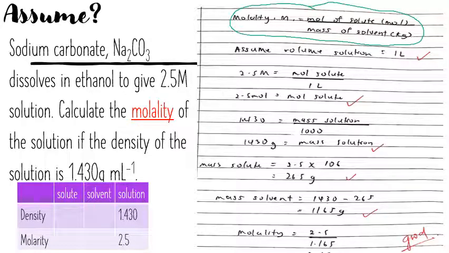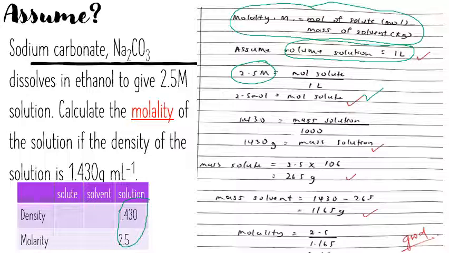From the formula and the information given in the question, we know that we need to make an assumption. For this question, the student assumed the volume of solution is 1 liter. Using the molarity given in the question, we can know the mole of solute is 2.5 mole.